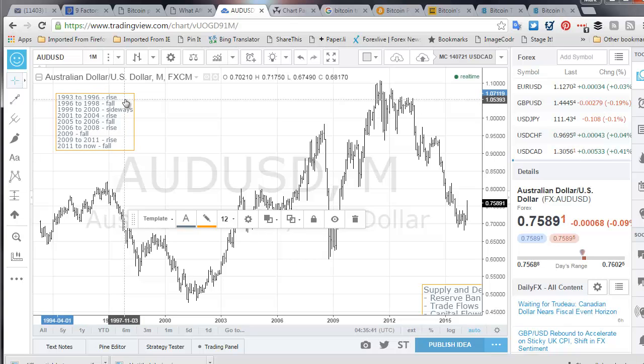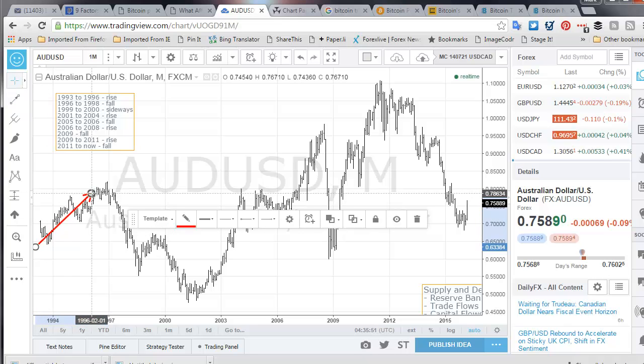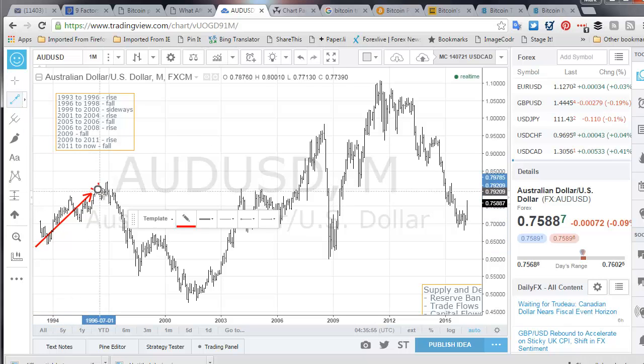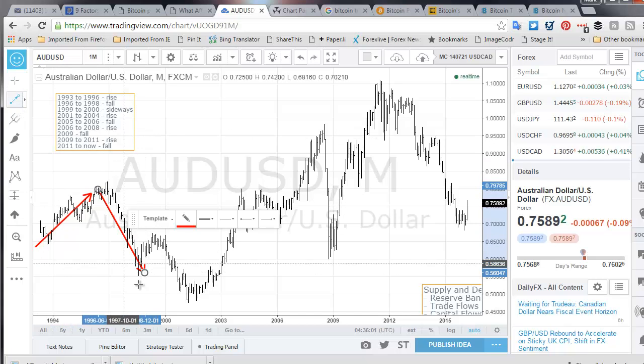So from 93 to 96, I have interest rates rising. 96 to 98, which is about there, falling. This is the yield between the two. 99 to 2000, we've got a period of going sideways.